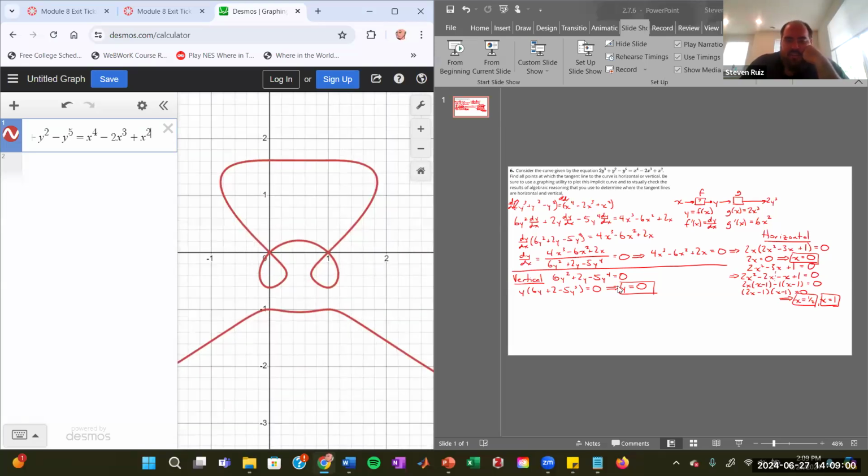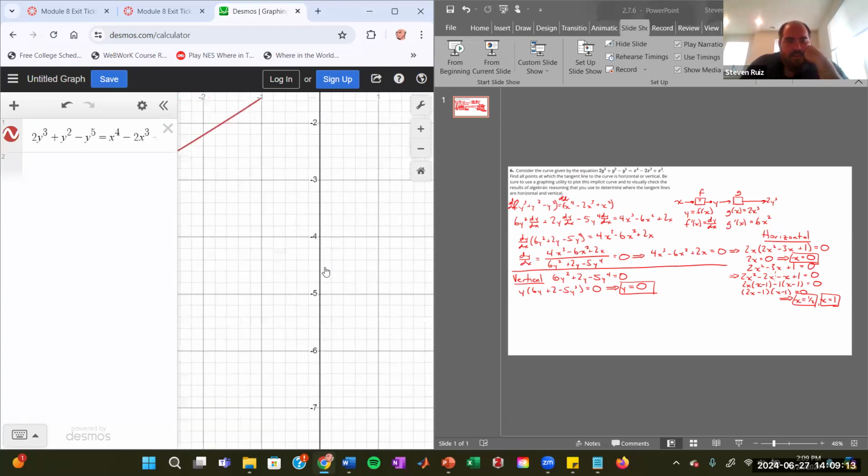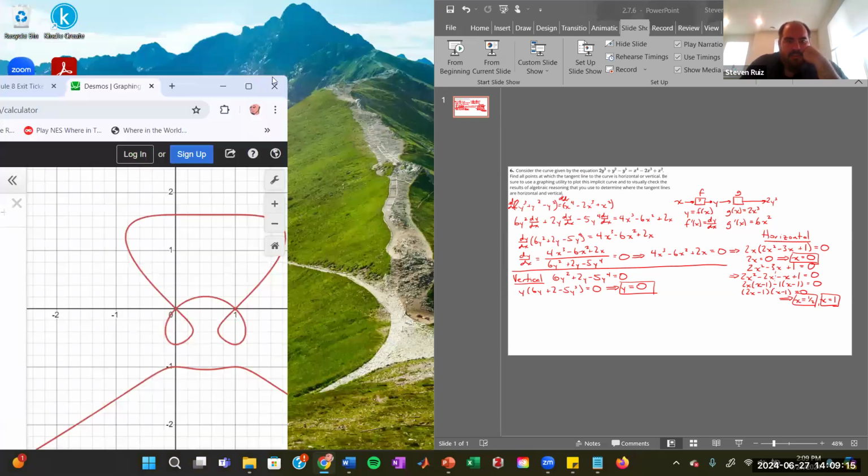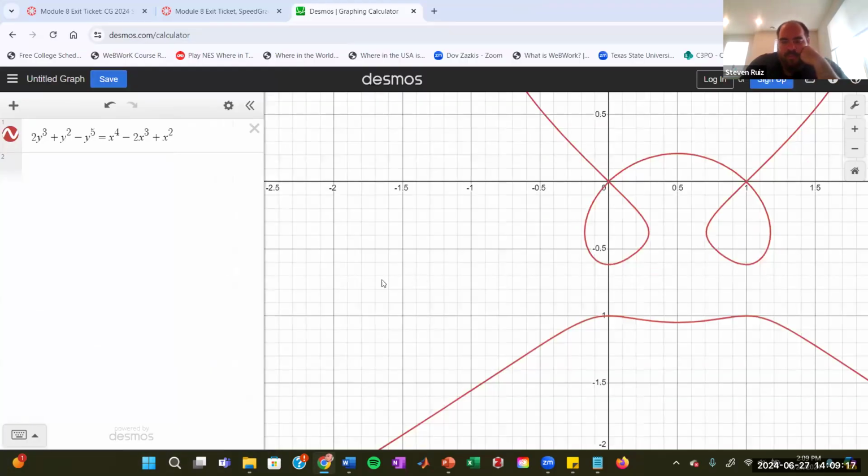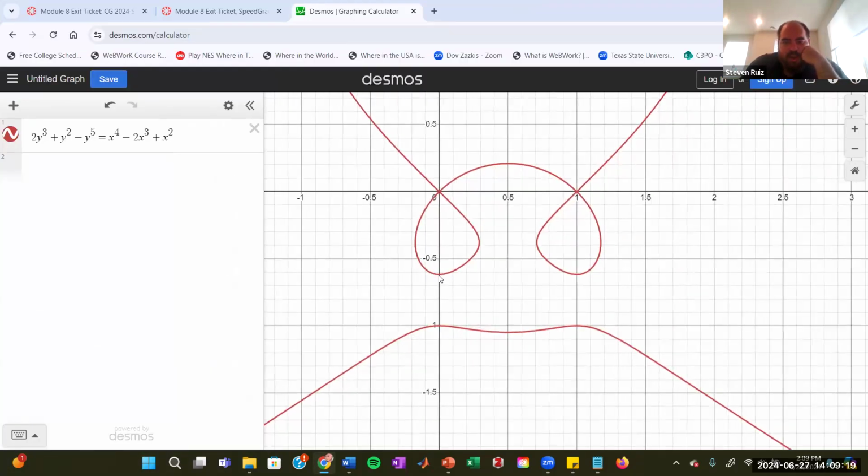Now, let's first check the horizontal tangent lines. So we said x equals 0. So at x equals 0, I believe I have a tangent line here. Can you tell me what this point is? Or you're not going to, are you? Let me maximize this a little more. So at x equals 0, so at the y-axis, I believe I have a point here.